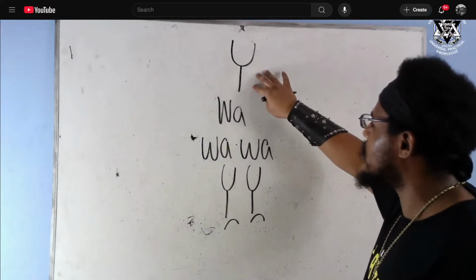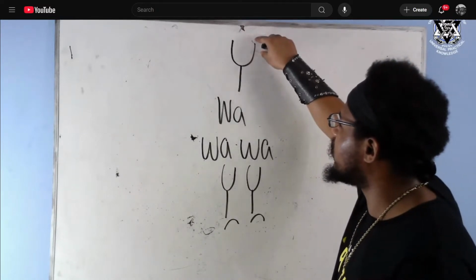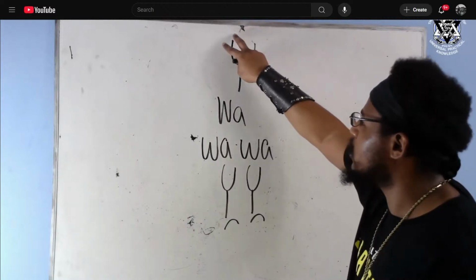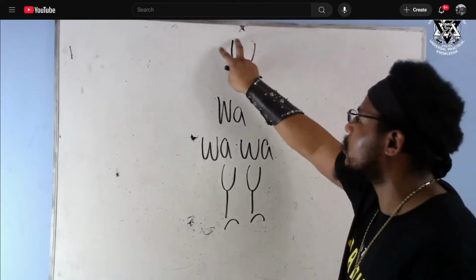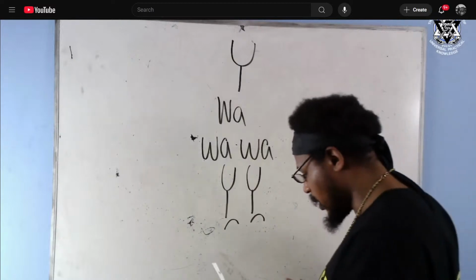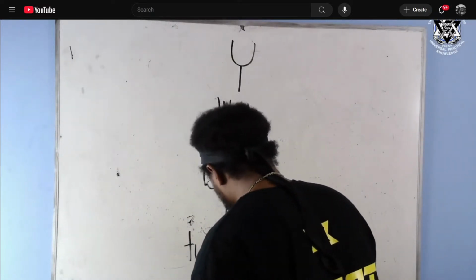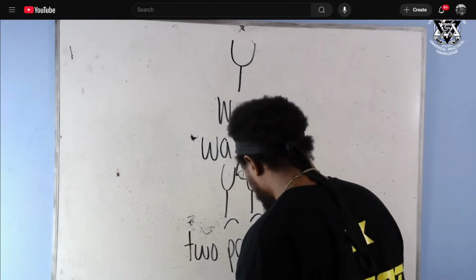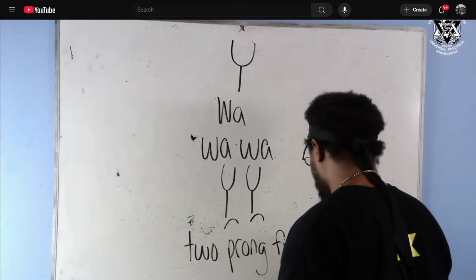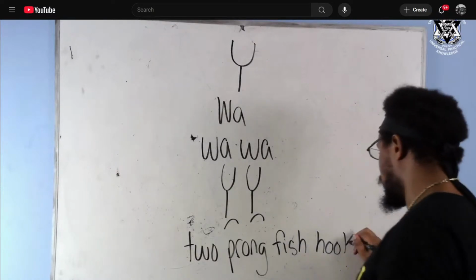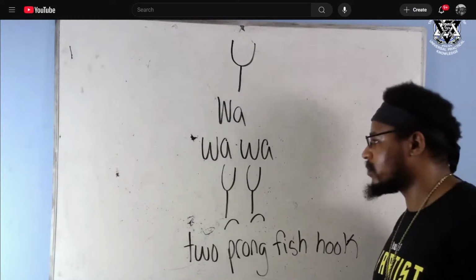This is like a fish hook that has two ends on it to catch the fish. So it's like a two-pronged fish hook. So this is where this character comes from.